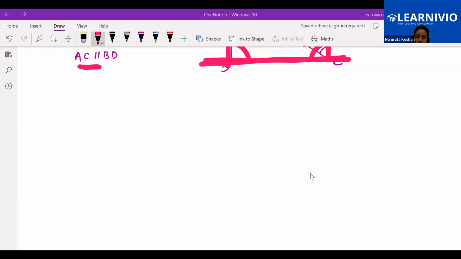The second exercise we have already done. The third exercise we will do today. Okay.